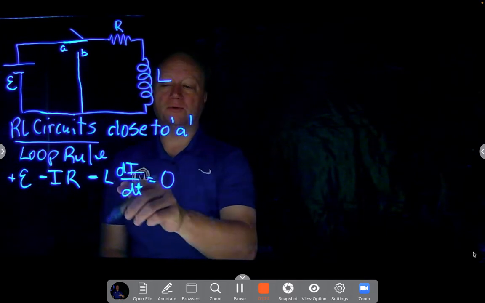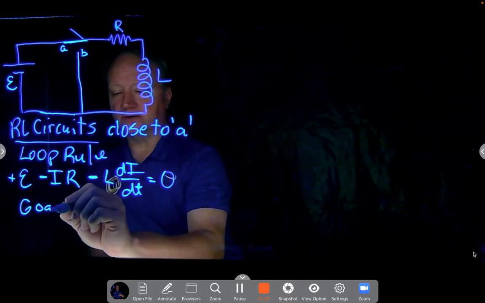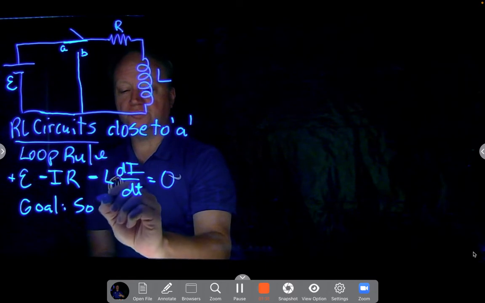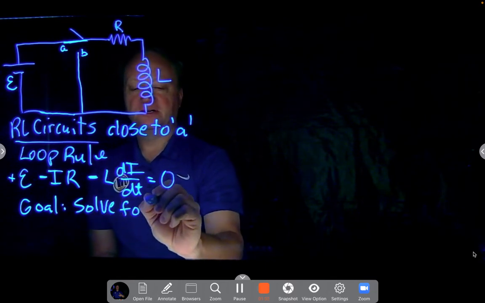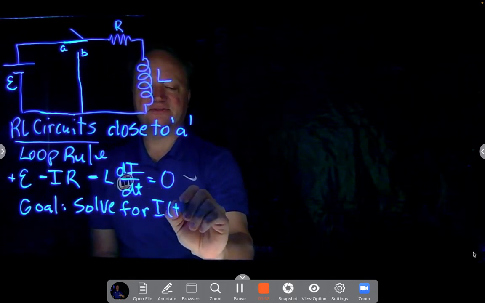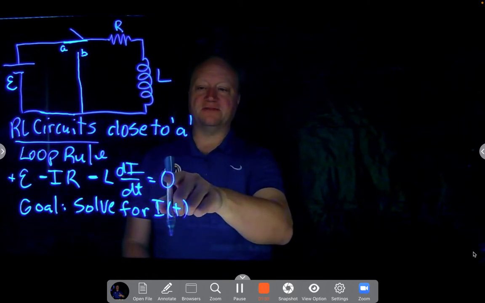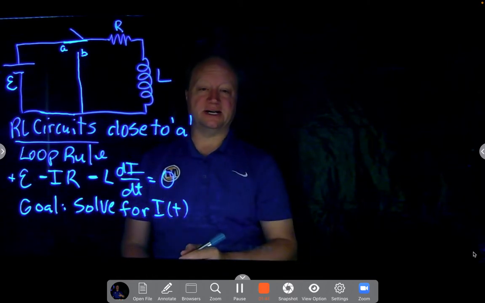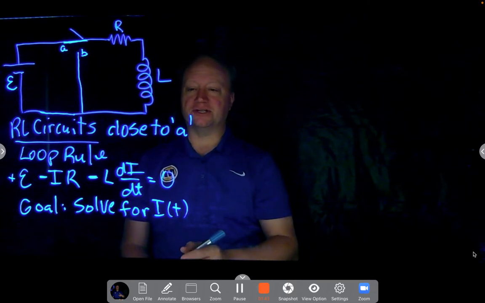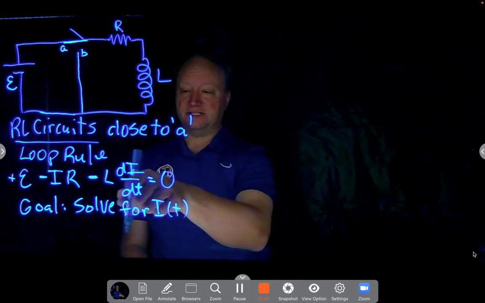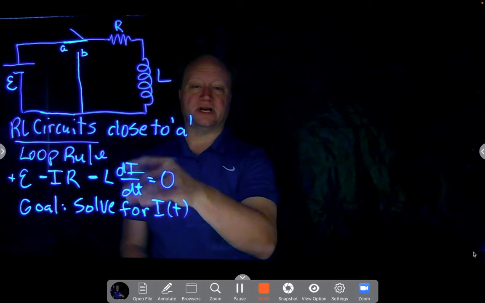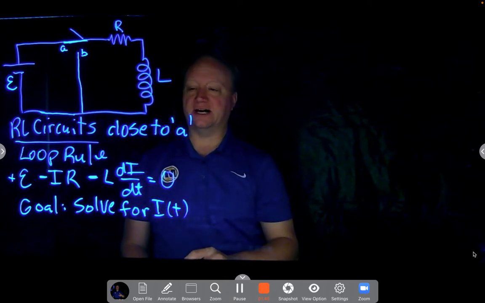Our goal here is to solve for an I of t equation. To do that, I'm going to need to isolate I. So the first thing I'm going to do is get di/dt on one side, with a little bit of algebra to get I alone.